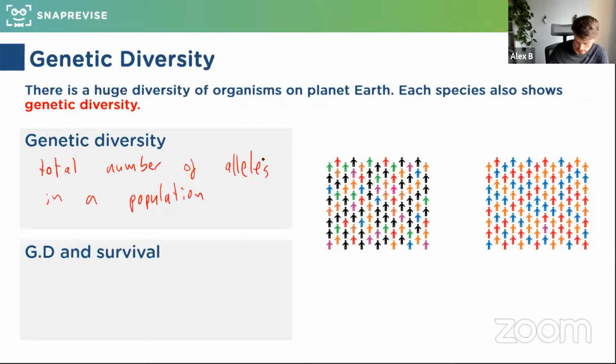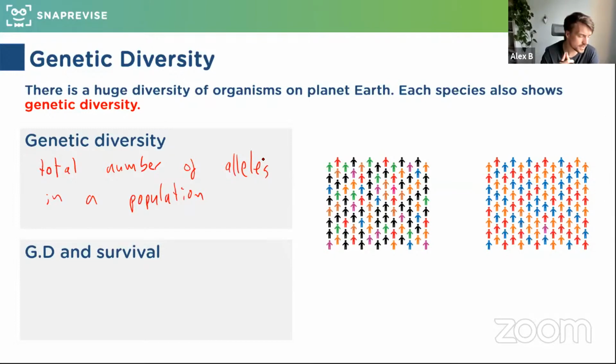So the more alleles you have, the more genetically diverse that population is. And this is important because genetic diversity increases the survival rate of a population. So if you've got low genetic diversity, it means you haven't got many different traits or different alleles in that population.